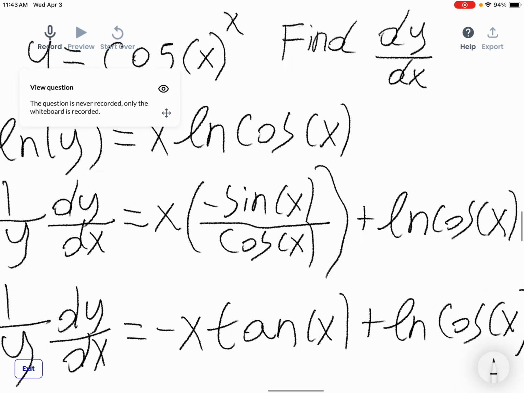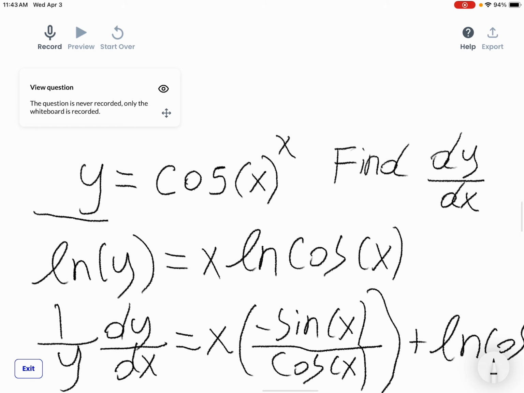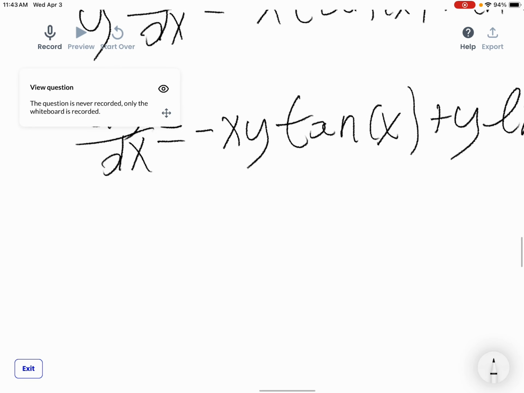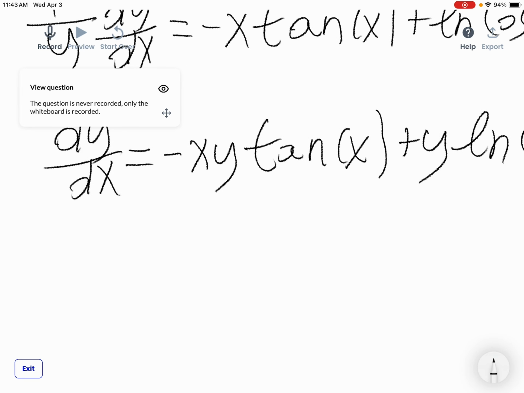But wait a minute, remember, we started out told that y is equal to cosine of x to the x. So to get the derivative just in terms of x, we can put that in for y.